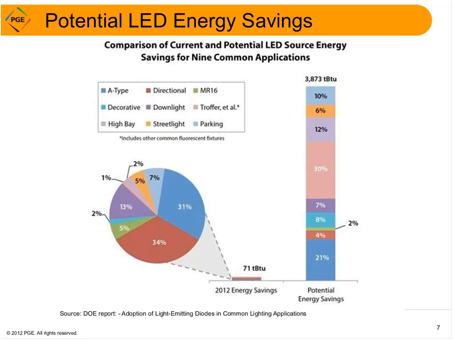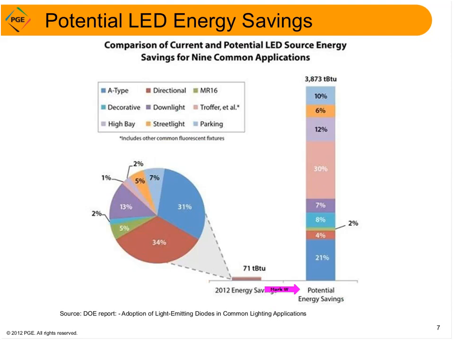This graph illustrates the current and potential energy savings for 9 common lighting applications, and this is from a report that the DOE just recently published. So in 2012, we've got about this amount of savings, where this taller bar to the right is the potential for all these applications.